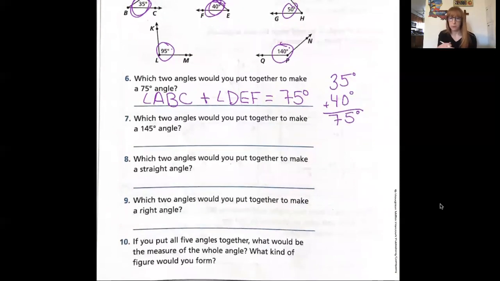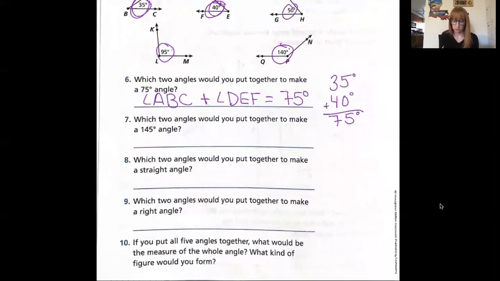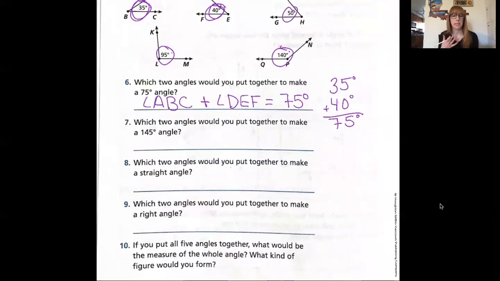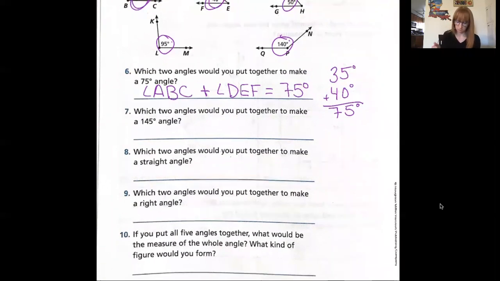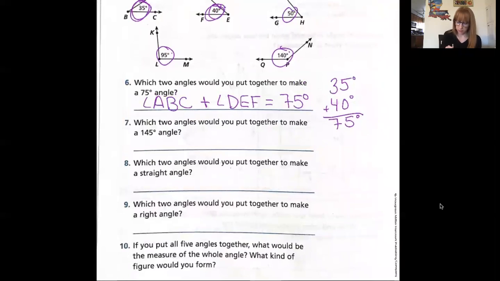So I'll walk you through number 7, but really just let you do those on your own to check your own work and to see how you can put these angles together to create different angle measures, a larger angle measure. So on number 7, it says, which two angles would you put together to make a 145-degree angle?